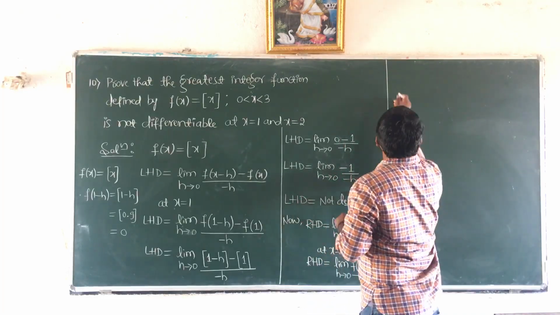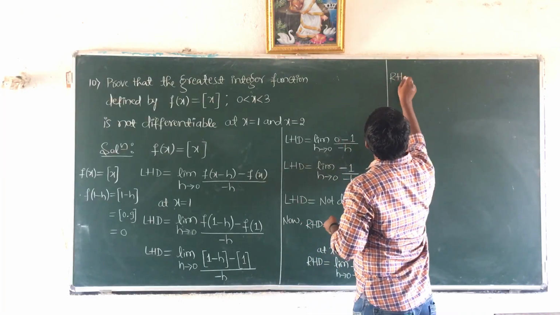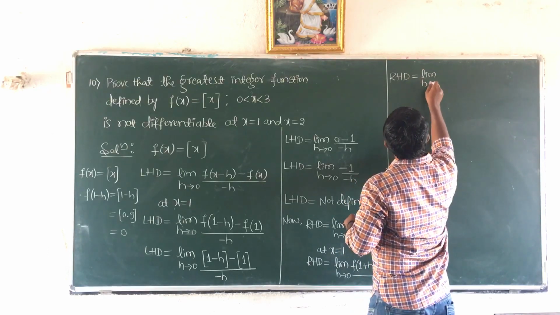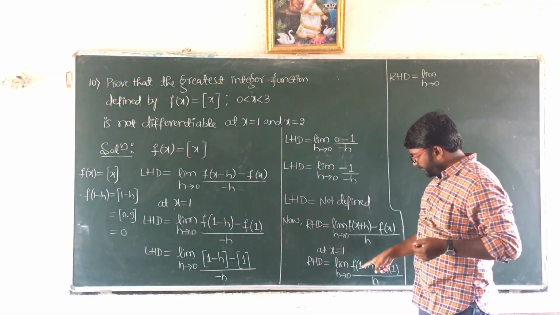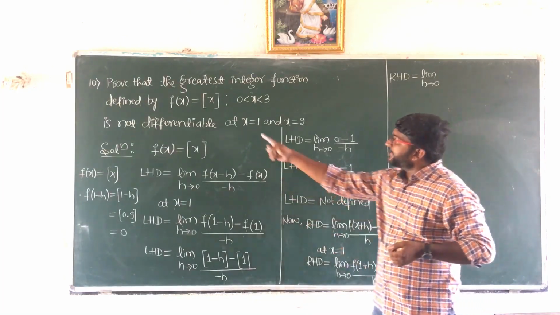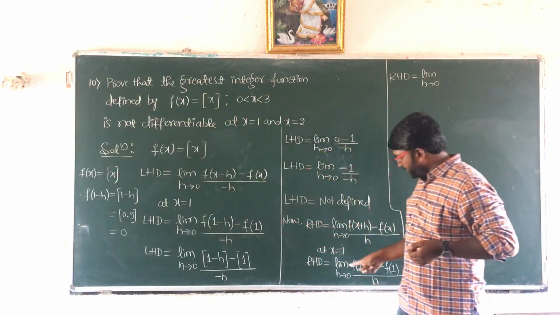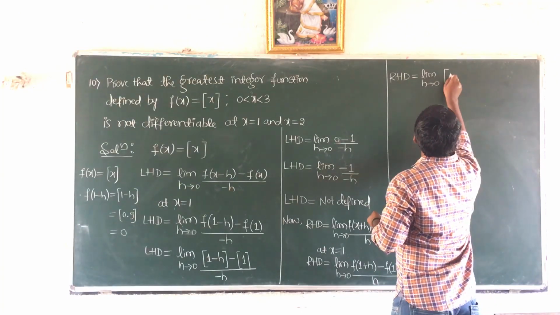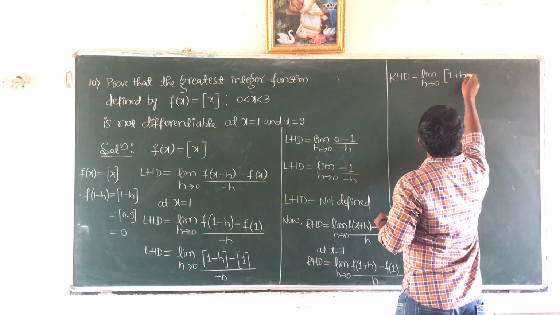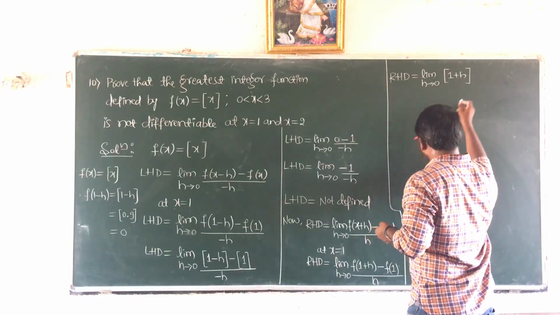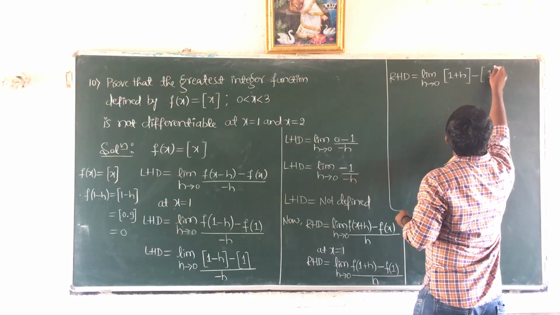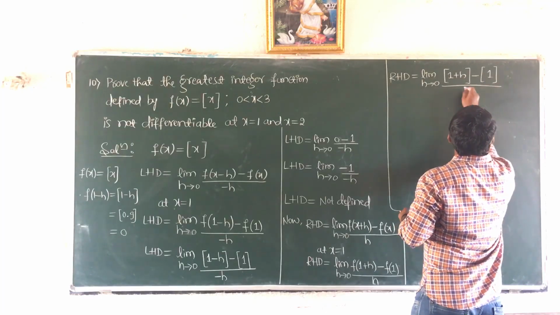So now we will have to simplify this. RHD is equal to limit h tends to 0 of f of 1 plus h. Now in place of x I have to write 1 plus h. That means it becomes greatest integer 1 plus h minus greatest integer 1, divided by h.